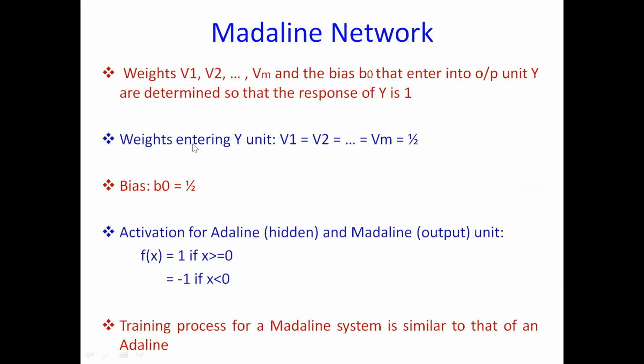And all the weights entering into the output unit, that is V1 equal to V2 up to Vm, are to be treated as half.